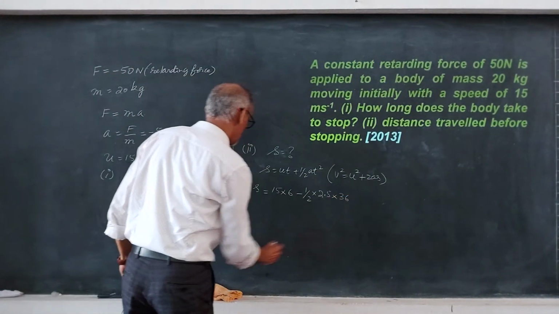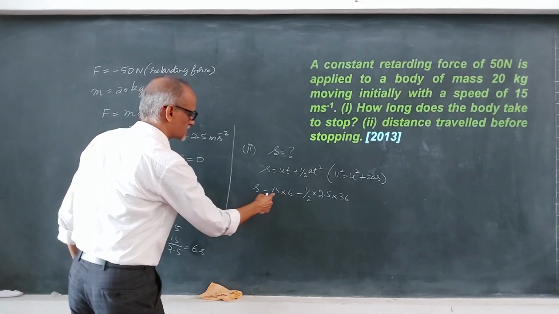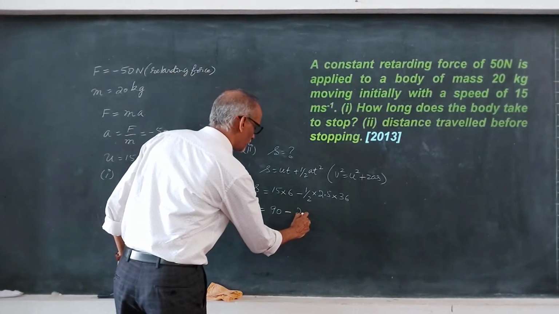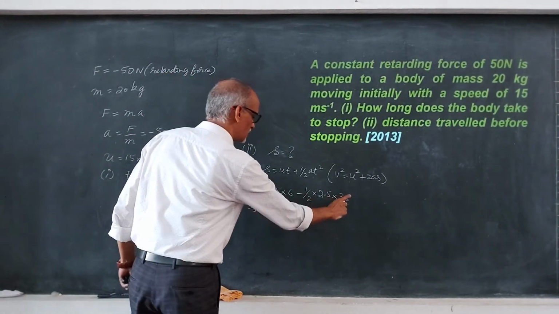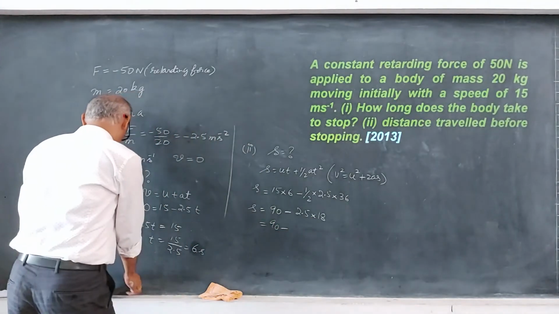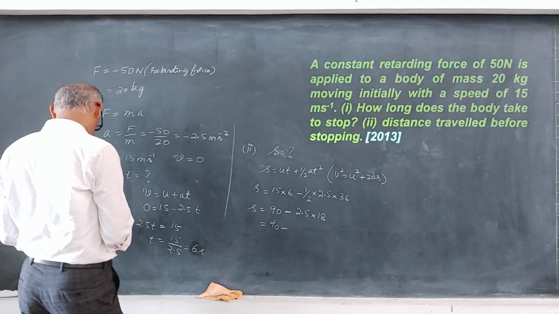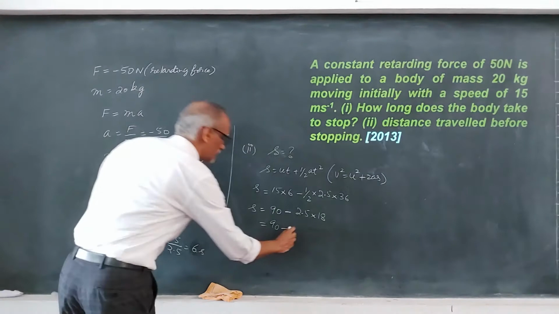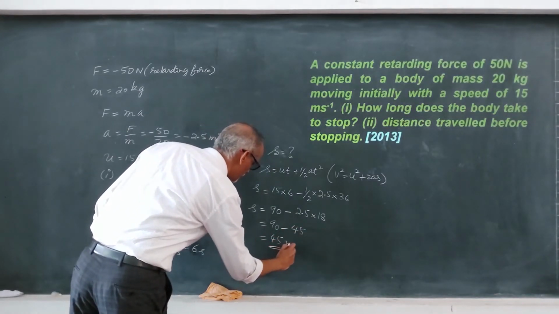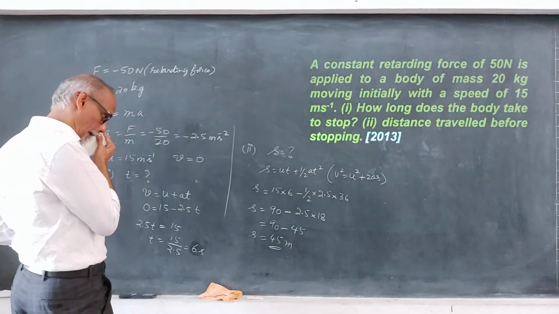So s is equal to 15 into 6, that's 90, minus 2.5 into 18, that comes out to 45. So 90 minus 45, you will get 45. 45 what? Meters. So that is the value of s.